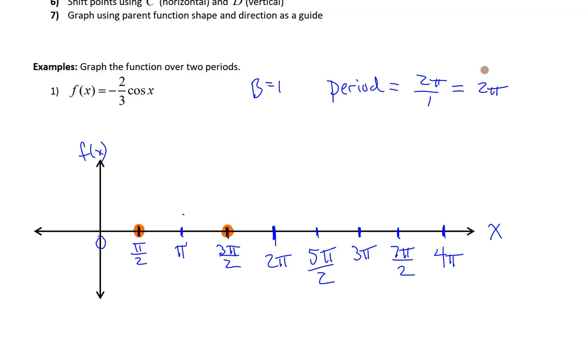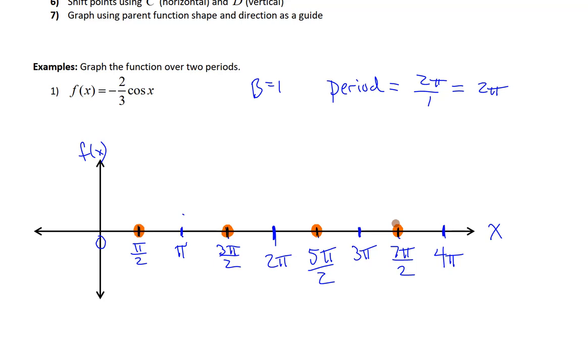Now, you can thankfully keep this pattern going. That's kind of the point of a periodic function. The next time we would hit an x-intercept would be 5 pi over 2, and then 7 pi over 2. Now, how am I getting those? Well, you could do it two ways. Number one, you can just keep counting around the unit circle in a positive counterclockwise direction. As we've done in previous lessons, you can count around as many times as you need, and you'll keep hitting the same places, right?